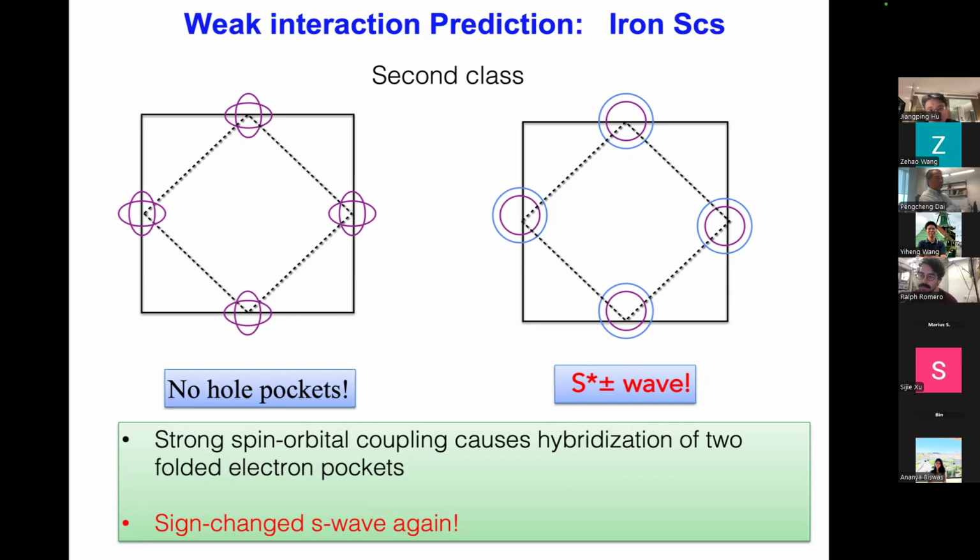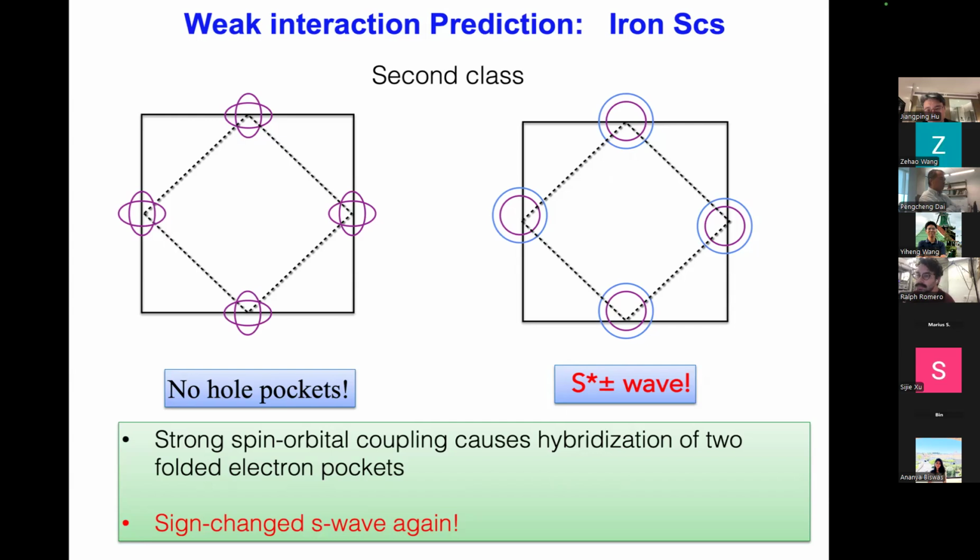There's a lot of similarity between them, but the pairing symmetry could be different. That's because pairing symmetry is a collaboration between the Fermi surface and the antiferromagnetic fluctuations.